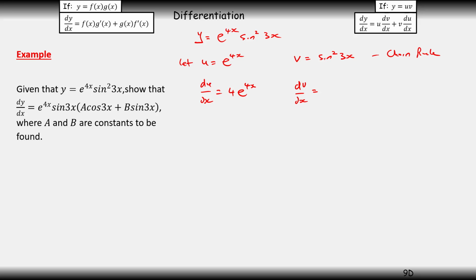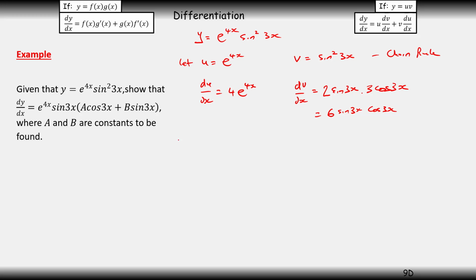So if we have, instead of sine squared 3x, if we just imagine that that's in the chain rule u squared, differentiating that gives us 2u, or 2 sine 3x, and then we differentiate sine 3x itself, gives us 3 cos 3x. Simplify that, gives us 6 sine 3x cos 3x. So make sure you check that out using the chain rule.